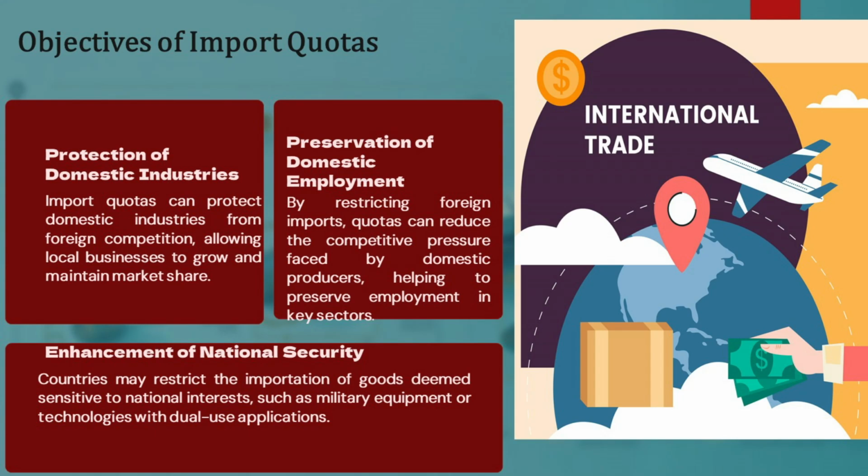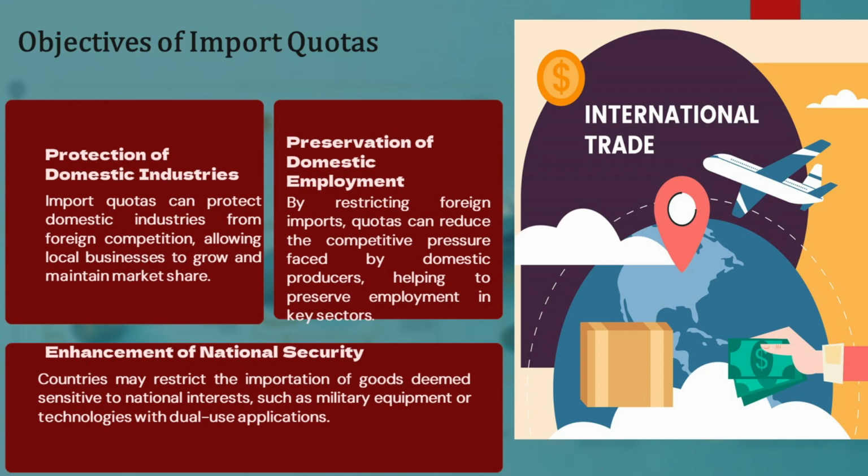For example, in countries with a developing manufacturing sector, domestic industries may struggle to compete with foreign producers who can offer goods at lower prices due to lower labor or production costs. An import quota can limit the volume of cheaper imports, thereby allowing local manufacturers to sell their products at higher prices and maintain profitability.